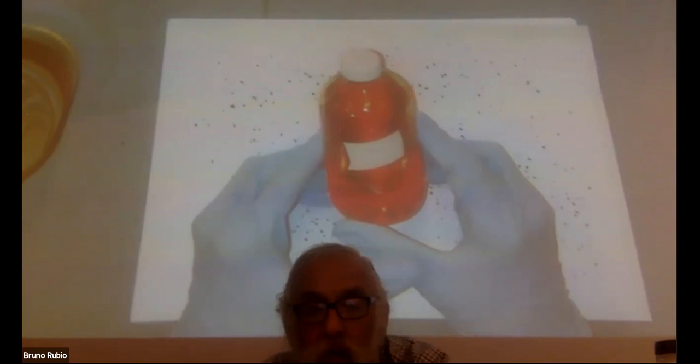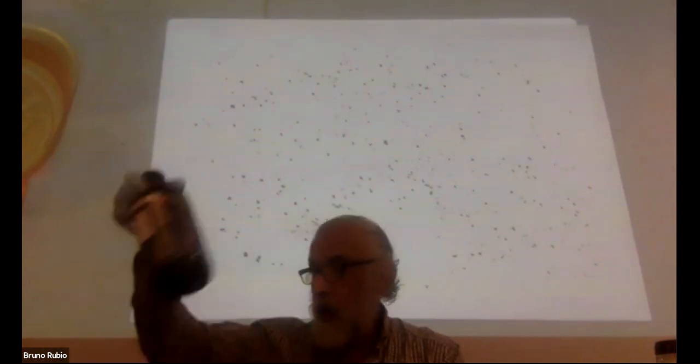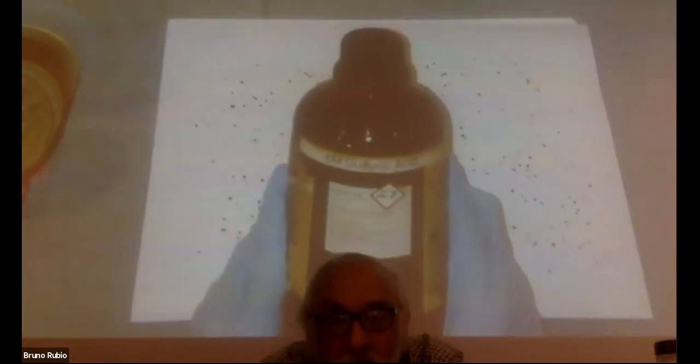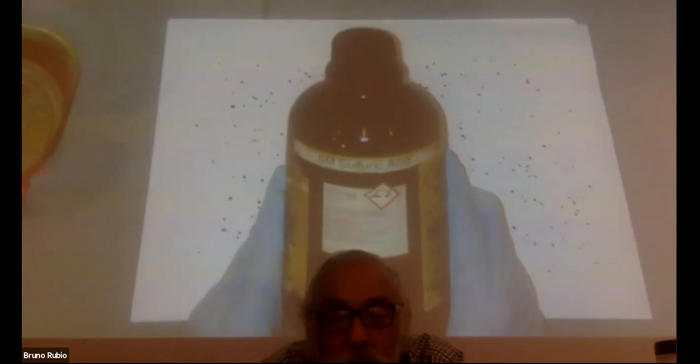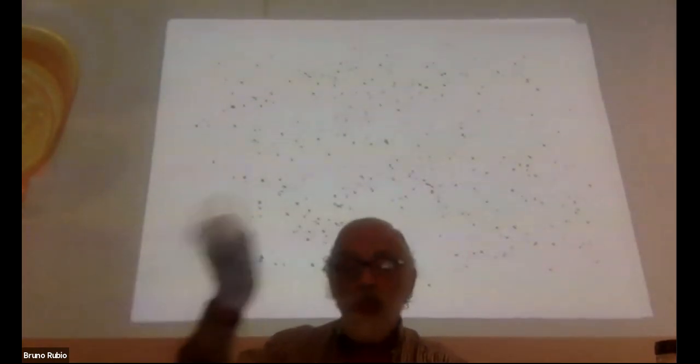That's the chromium trioxide. It's orange. What else do we need for Jones oxidation? Sulfuric acid. I don't know if you can read the label, but this is the sulfuric acid. Okay, so let's see a Jones oxidation.